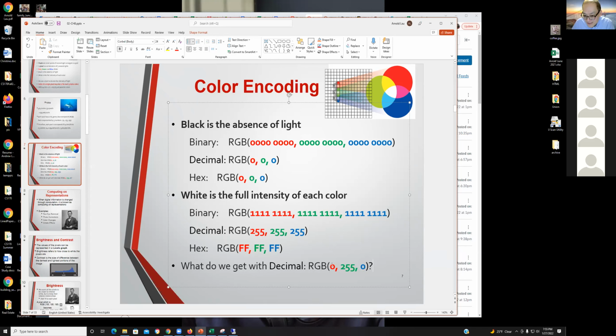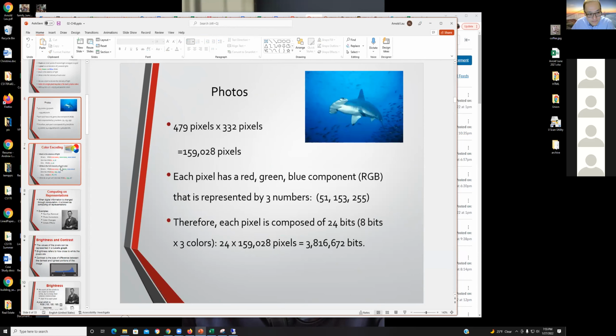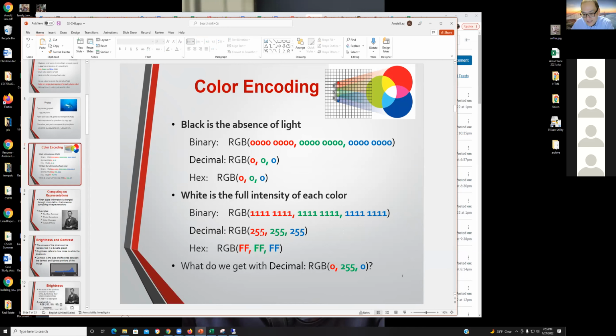And as you can imagine, as I start to mix different colors in here, that's where you start to get different color combinations. Now, if you keep all the numbers the same, like in this case, 255, 255, 255, but let's say I chopped it off by 55, I said 200, 200, 200, or I said 10, 10, 10, I'm coming in with equal intensities across the red, green, and blue.